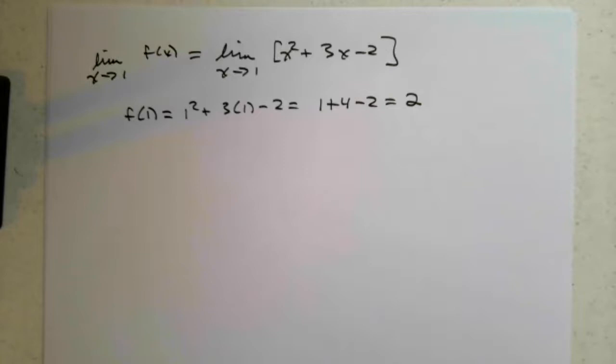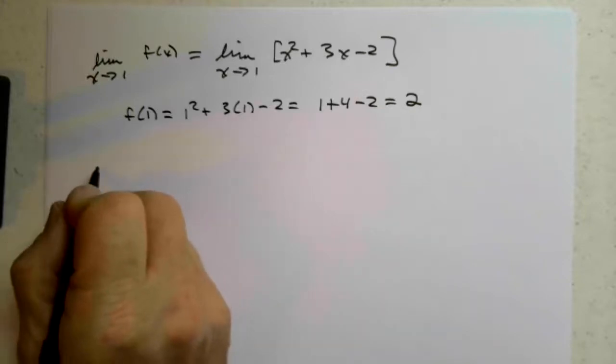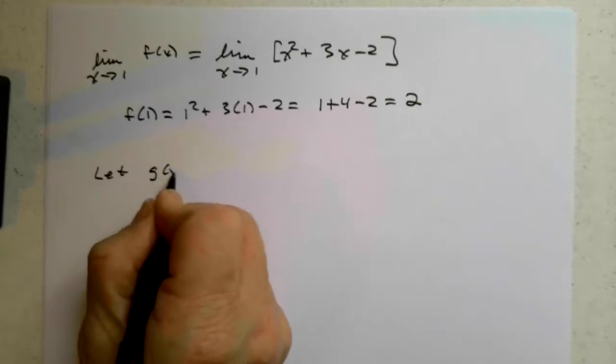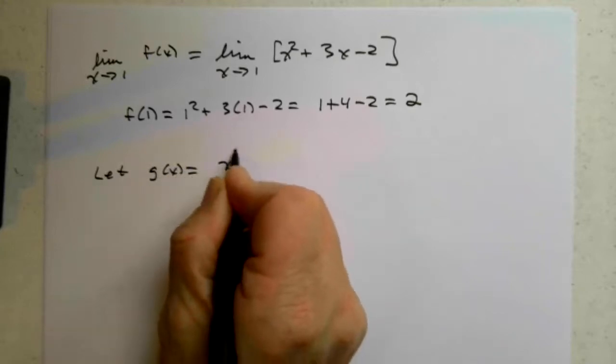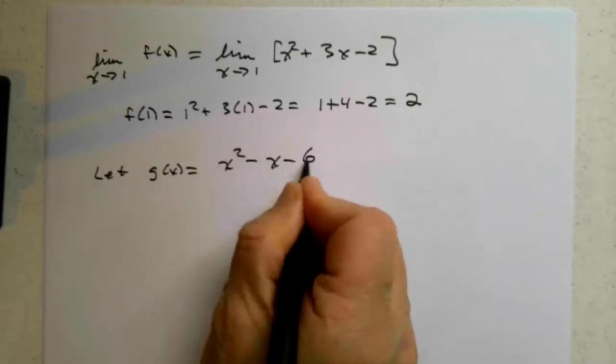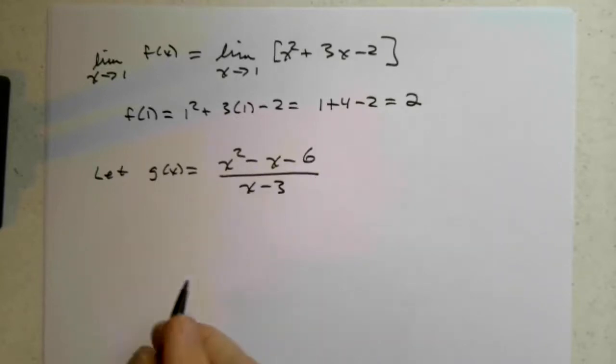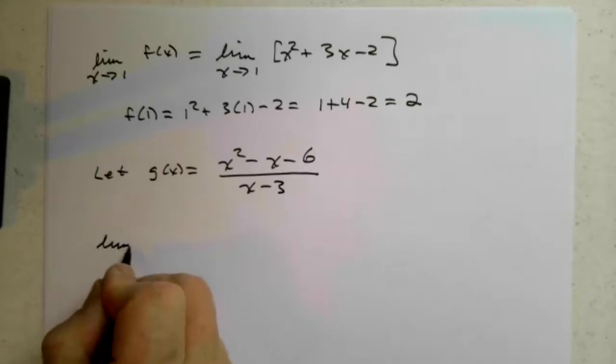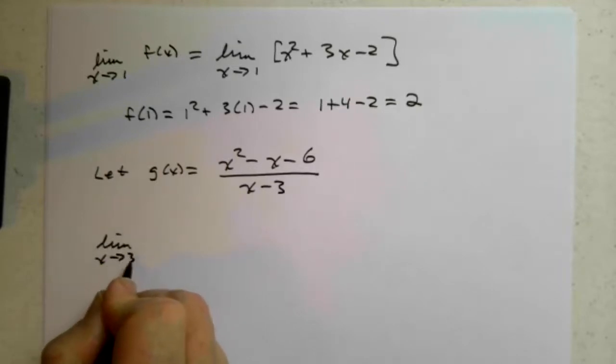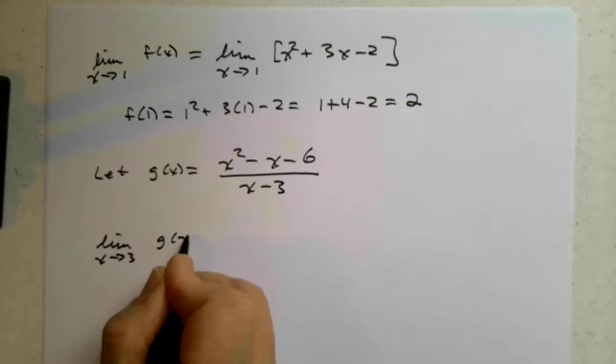But we cannot assume that all you need to do is plug in the number to get the value of the limit. So let me show you an example that gets at that. Let g of x equal x squared minus x minus 6 over x minus 3. And I am interested in the limit as x approaches 3 of g of x.